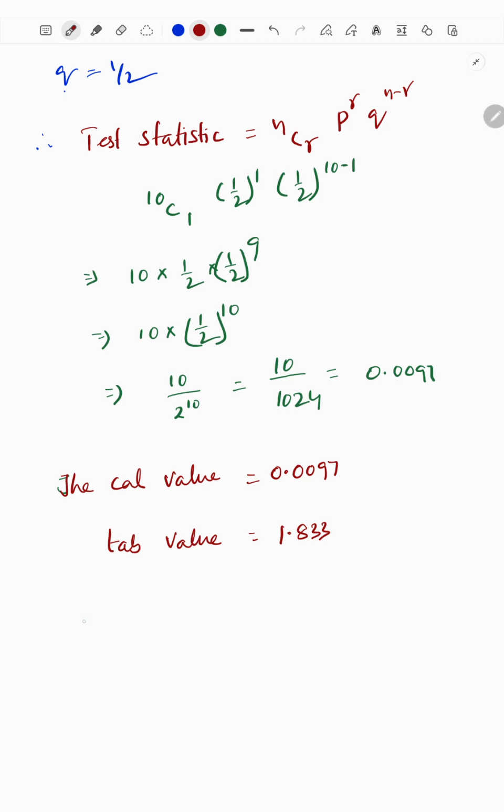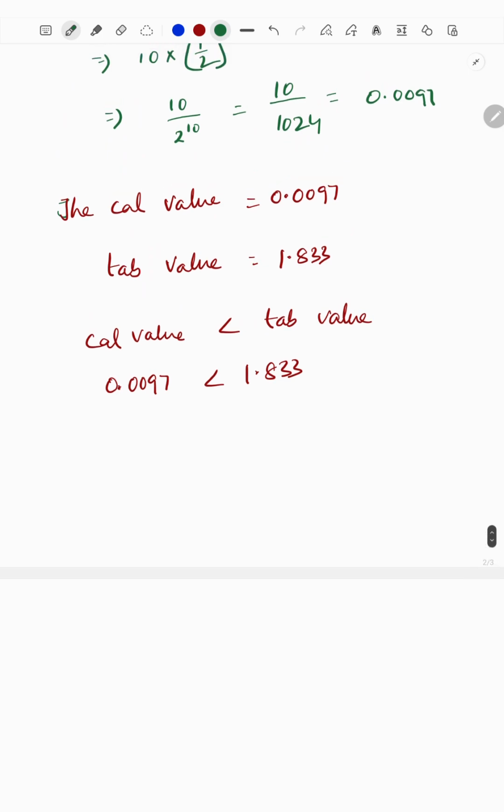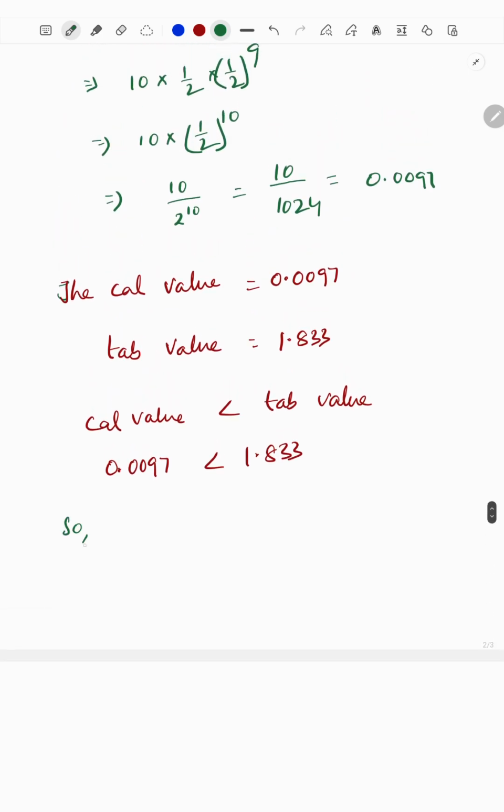Now the comparison is, our calculated value for the sign test is less than the table value, that is 0.0097 is less than 1.833. So our test statistic is less than the table value, so H0 is true and it may be accepted.